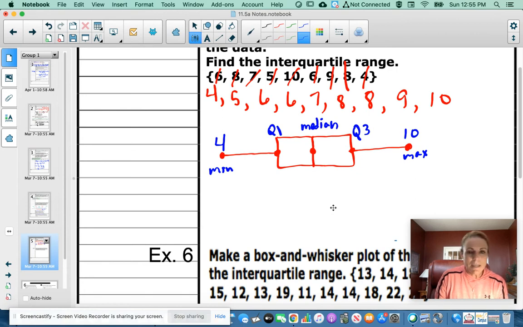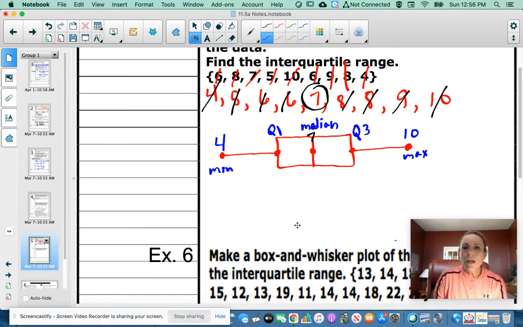Let's find the median. And there it is. So the median is 7. So now we have to find quartile 1 and quartile 3. So how do we do that?